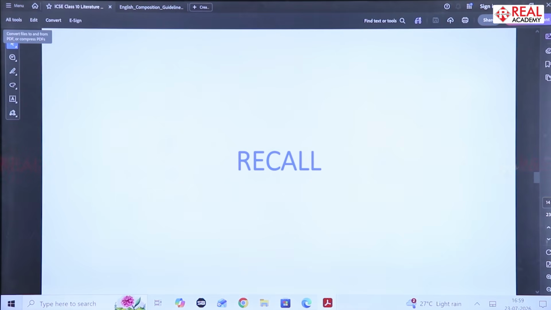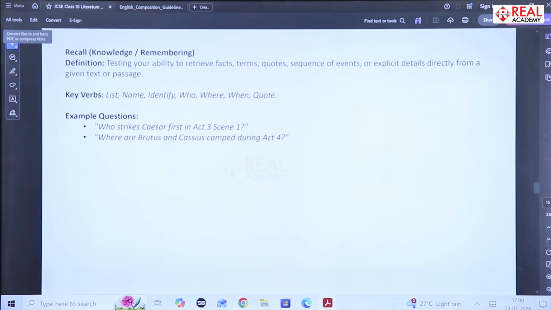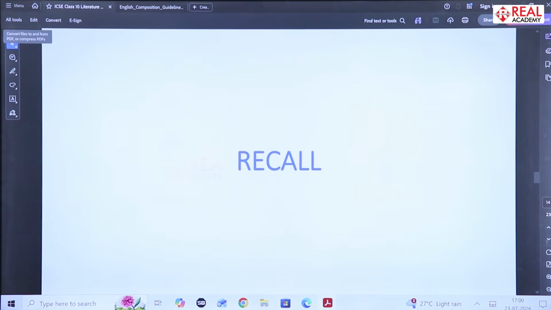Now, according to the ICSE board, we have different segments of how the paper is set in the examination. The first category of questions that will be asked is recall.